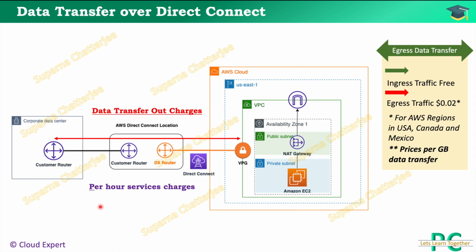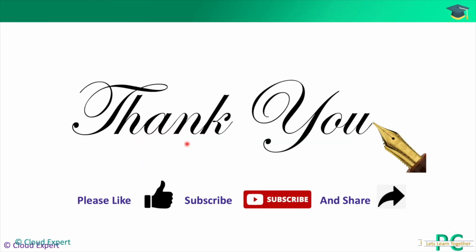To remind you, ingress traffic is free and egress traffic is 2 cents per GB of data transfer. And all the pricing we have discussed throughout this video is based on AWS regions in the United States and in Canada. Now we have come to a conclusion about today's topic.